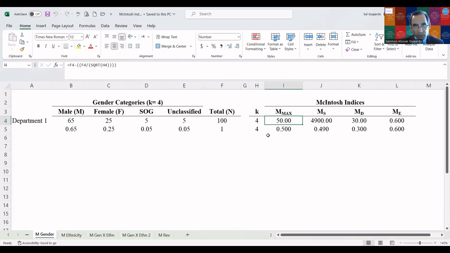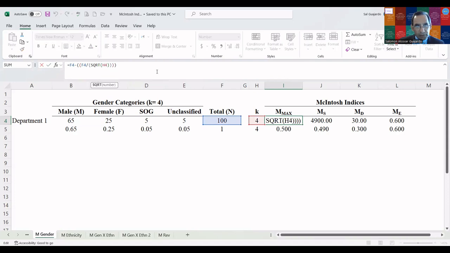But in this case, I'm going to show you how to calculate the maximum McIntosh score for frequencies. So recall that the formula is going to be the total number of individuals, big N, minus the total number of individuals divided by the square root of the number of categories. So to calculate the maximum McIntosh score for the gender data, let me click on the formula.